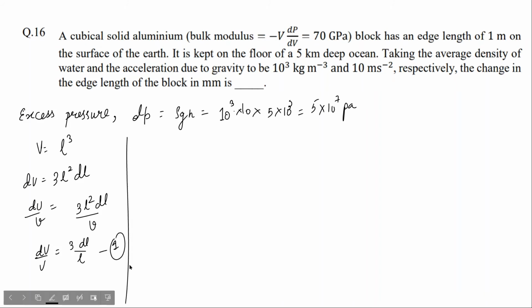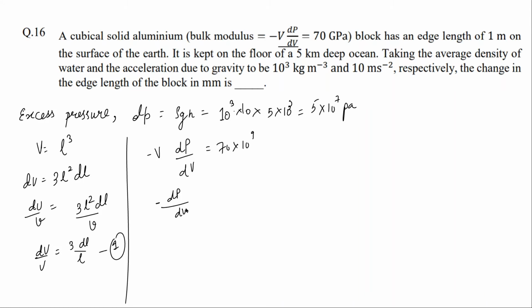Now we are going to use this. We can write the bulk modulus, minus V dP by dV, as 70 gigapascals. Giga means 10 raised to the power 9. So dP over dV by V is equal to 7 into 10 raised to the power 10.